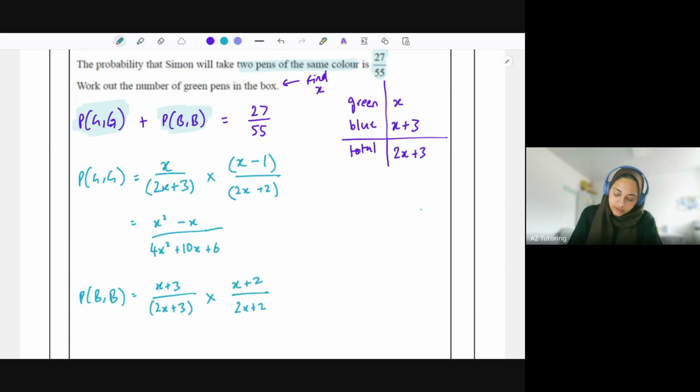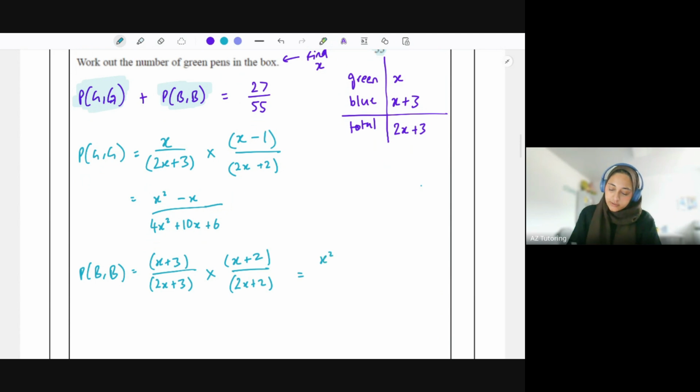Again, putting brackets around all these so you expand it correctly. Expanding this on the top, x times x is x squared, x times 2 is 2x, 3 times x is 3x, and then 3 times 2 is just 6, over 4x squared plus 2x times 2 is 4x, plus 3 times 2x, 6x, 3 times 2 is 6.